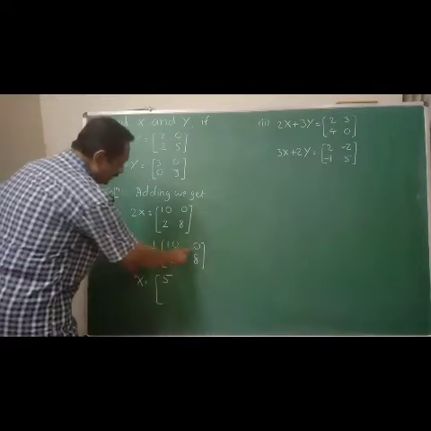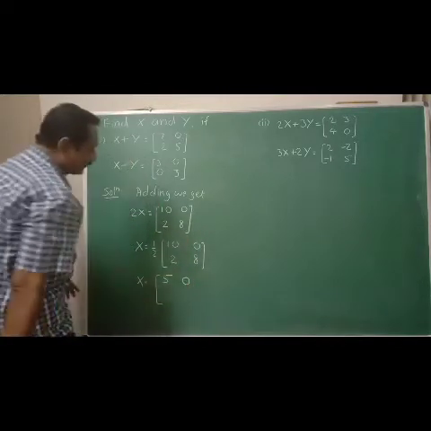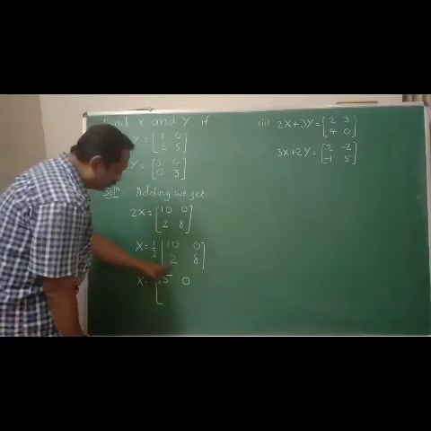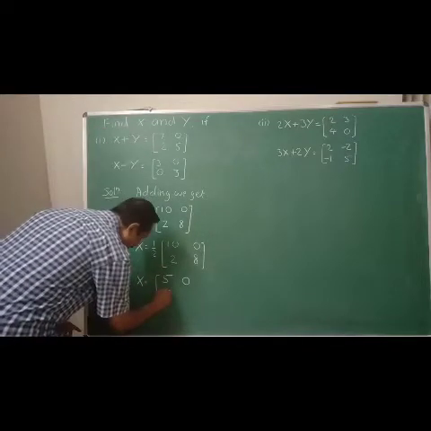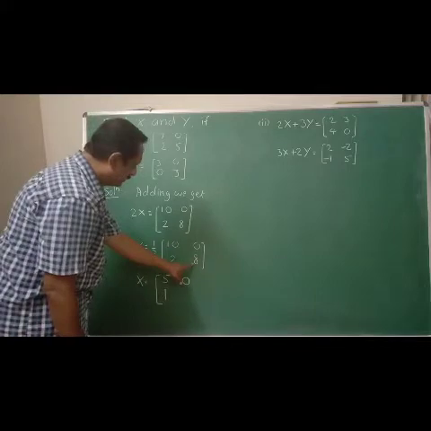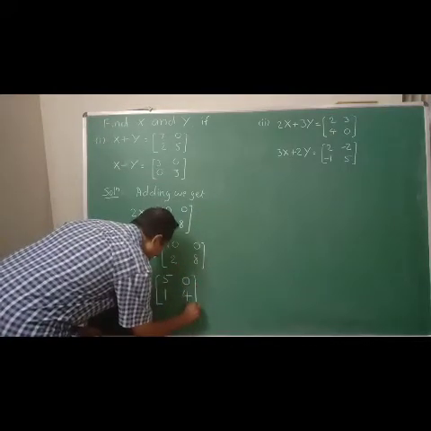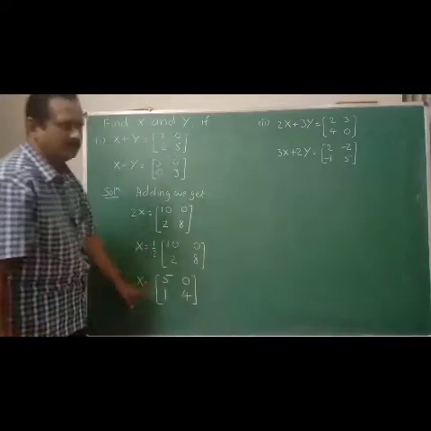Then 0 into 1 upon 2 becomes 0. Then 1 upon 2 into 2, cancels, remaining is 1. Then 1 upon 2 into 8, 2 fours are 8, remaining is 4. Hence x is equal to the matrix 5 0 1 4.